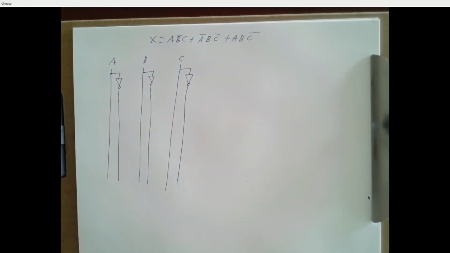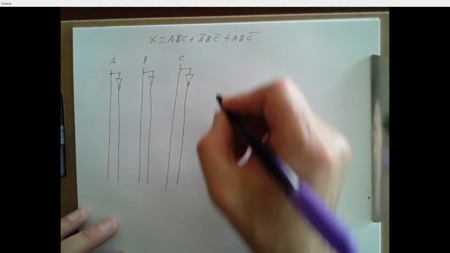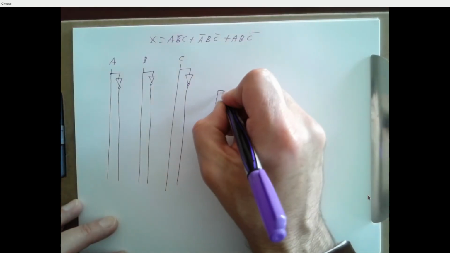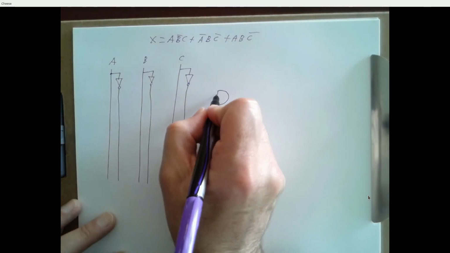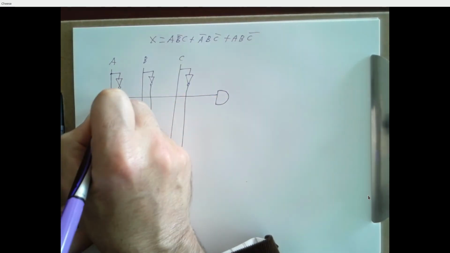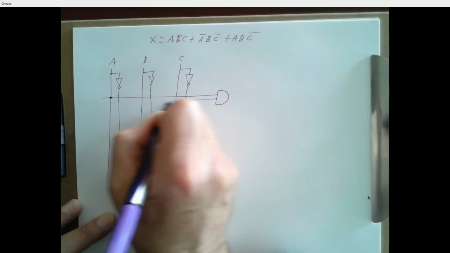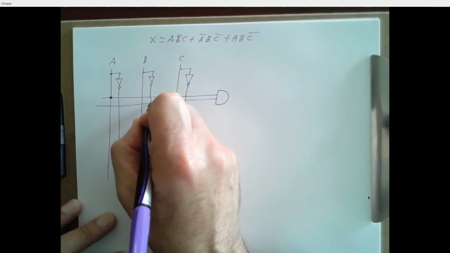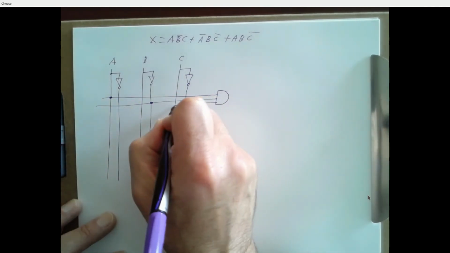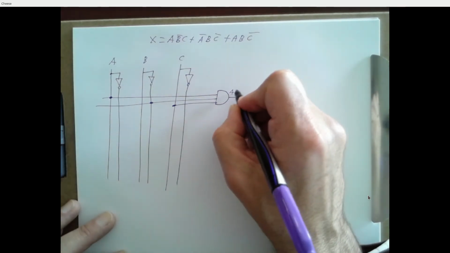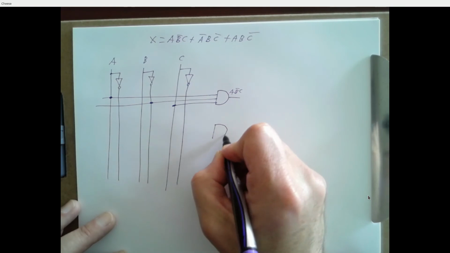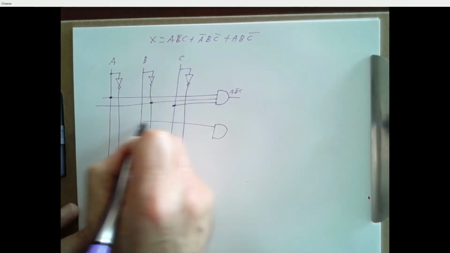And then take each of our product terms, and assuming we've got 3 input gates available, just connect this up to the correct input. So A, B bar, C. And here's another gate.